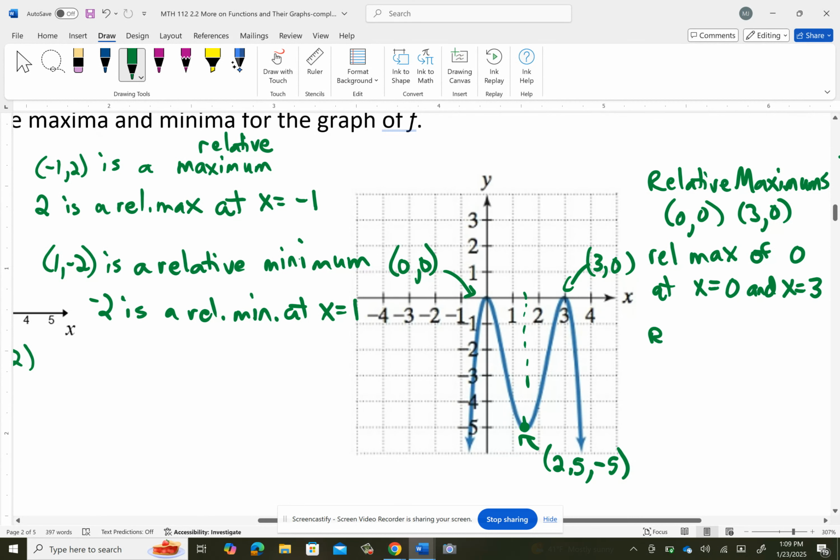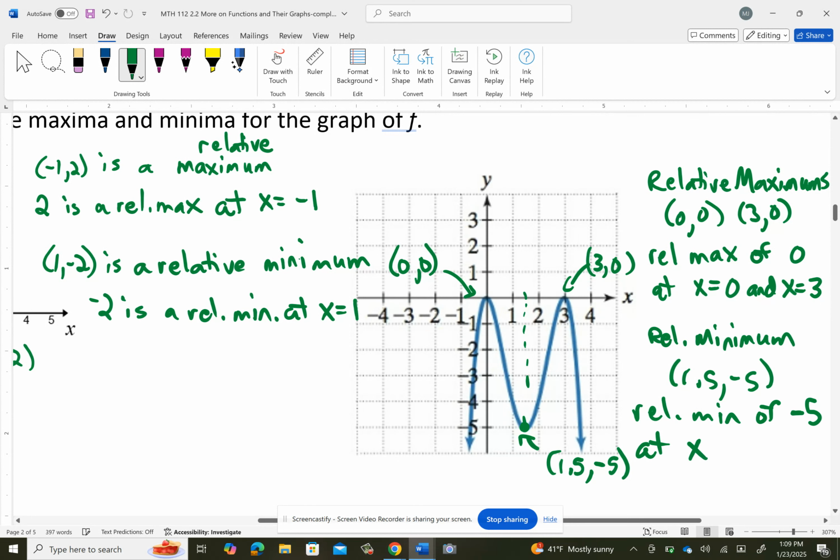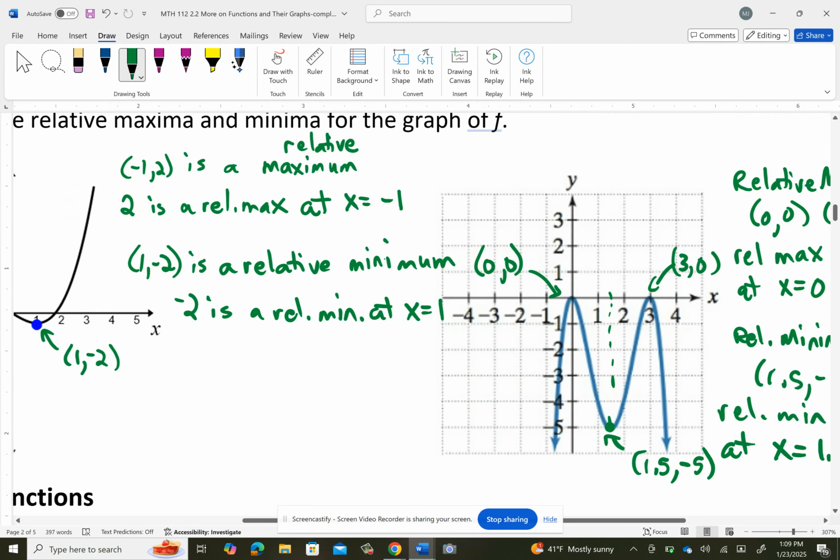And then there's a relative minimum, and that appears to be at around, oops, I said 2.5, it's really 1.5, at around 1.5, negative 5. So I could say we have a relative min of the y value, negative 5, at x equals what appears to be 1.5. Okay, so you can have more than one relative maximum at the same spot. Okay.